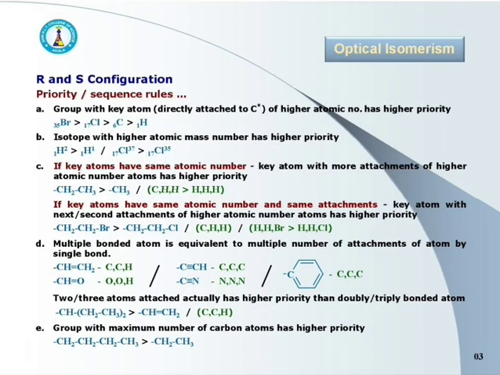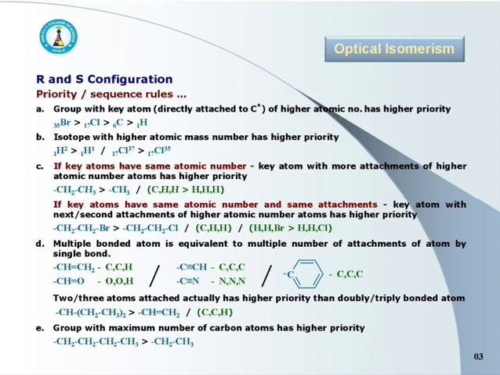As in RS configuration we have to assign priority to atoms or groups, that is first, second, third and fourth priority, it is essential to have an idea about the priority or sequence rules.